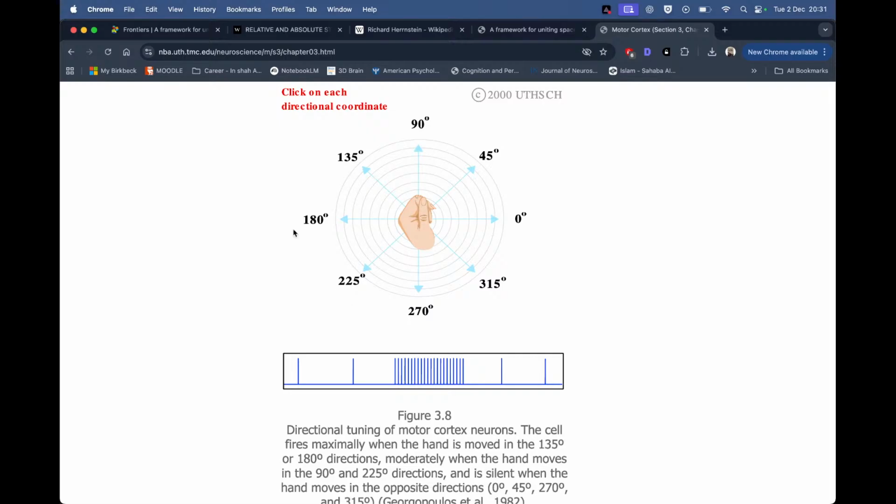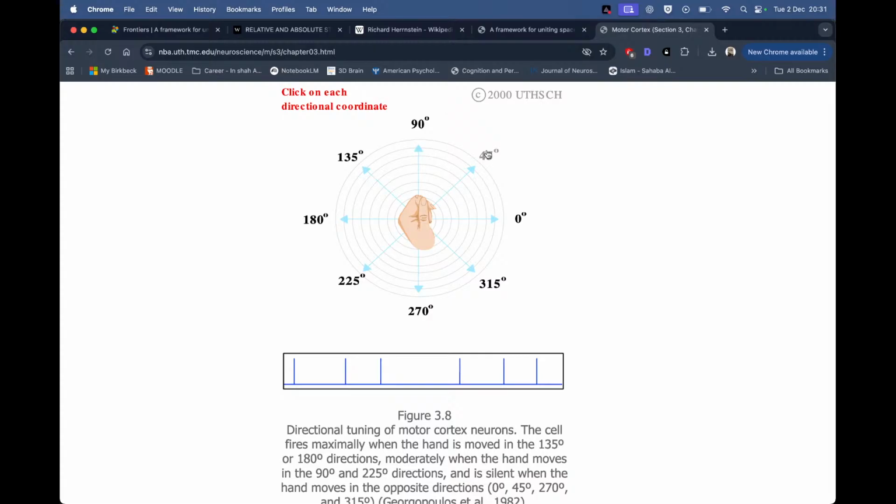So again, 135 degrees, you can see a high level of firing of neurons right over there. However, if I move this to the 45-degree mark, you'll see less difference.